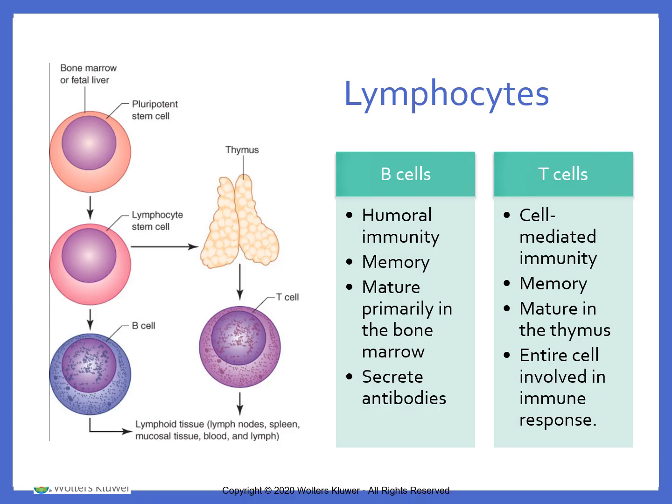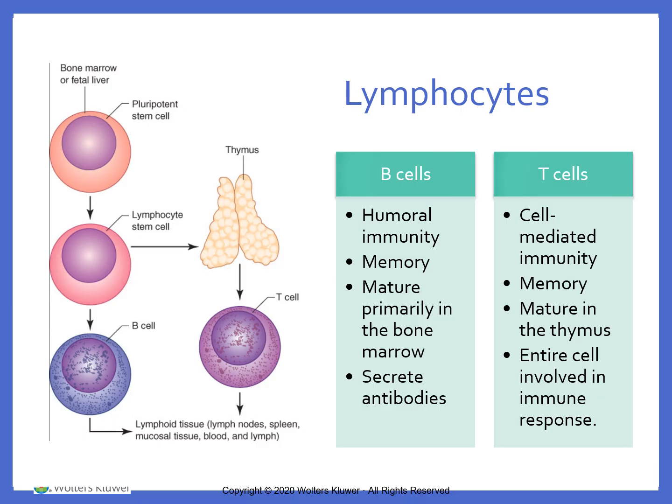So you can see here in the bone marrow, we have those pluripotent stem cells that will produce lymphocyte stem cells. And some of them will travel to the thymus where they mature into T cells. And some will stay in the bone marrow and mature into B cells.